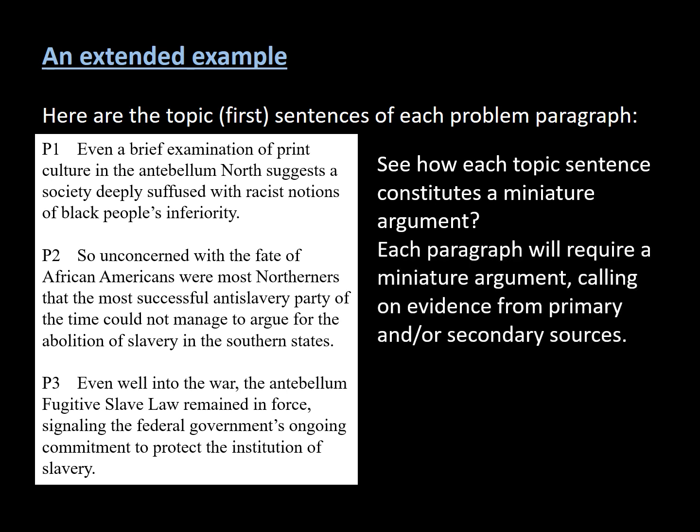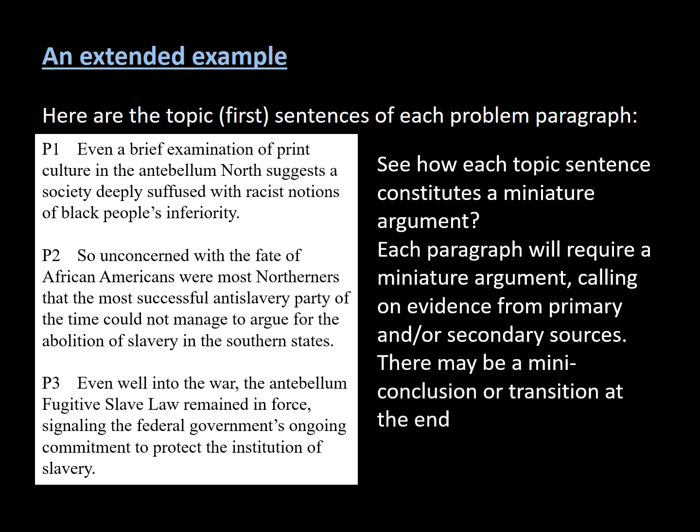And each paragraph will require a miniature argument. You will probably need evidence from primary and or secondary sources. You will need some of your own thinking to explain what those mean. And you might have a sort of mini conclusion for that argument, for that paragraph, or a transition to the next paragraph that is to follow.